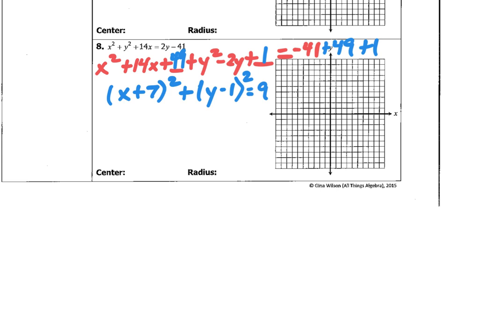So now we just identify the center. Negative 7, positive 1, with a radius of 3. And then we make our circle.